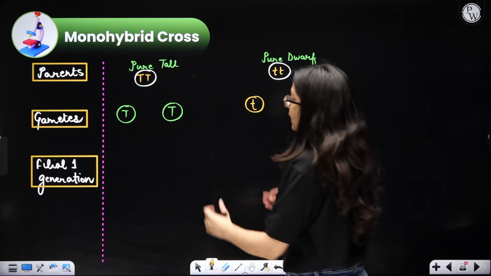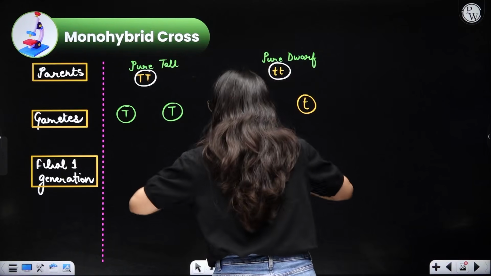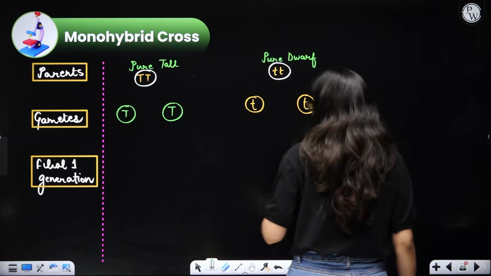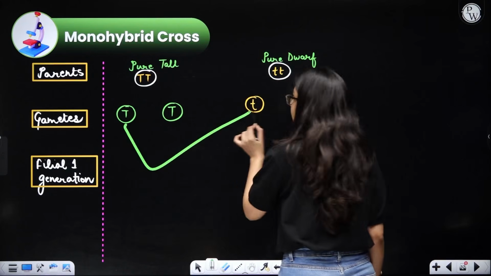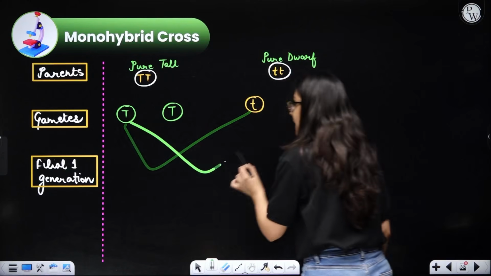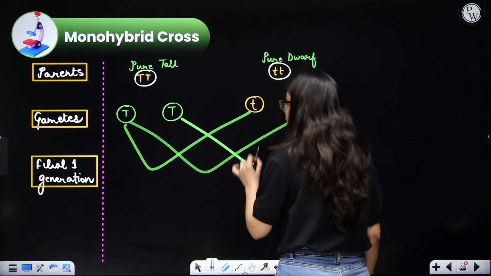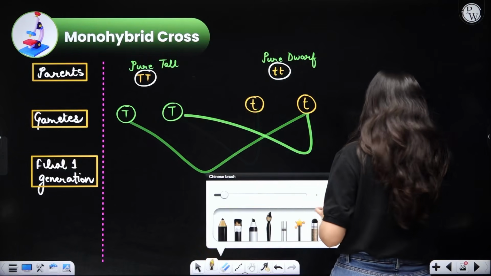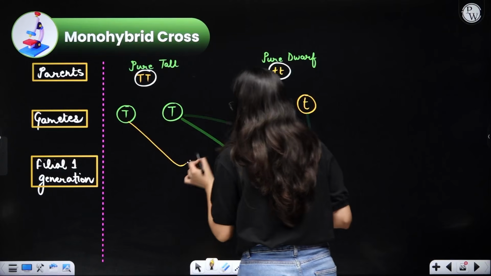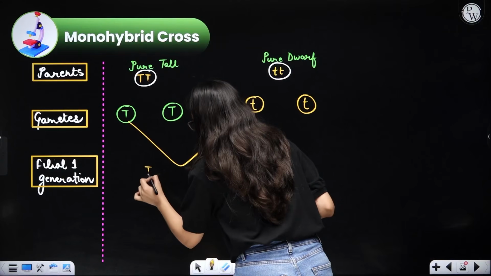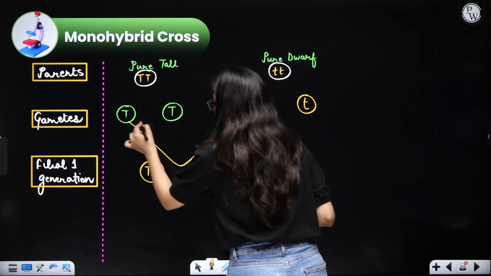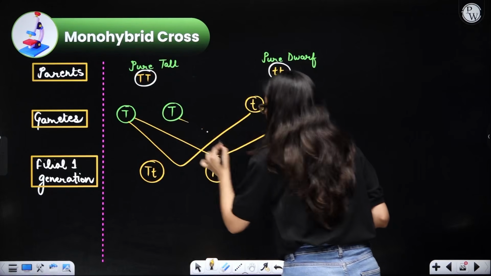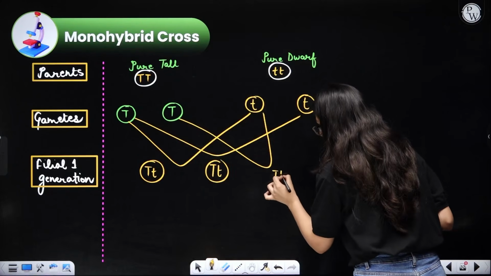Now talking about how these gametes will form the next generation, there is a possibility that this capital T could fertilize with this small t, or these could also fertilize. So let us see what will happen if this capital T fuses with this one. It will form capital T small t. Again, this could also fuse with this, so again capital T small t. This could also fuse, capital T small t.